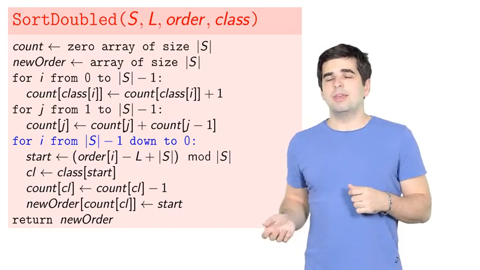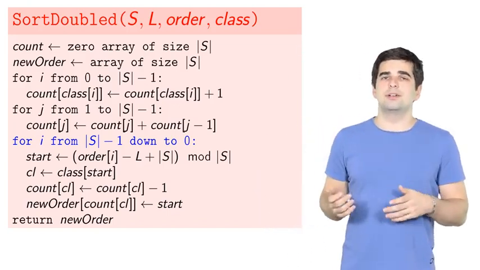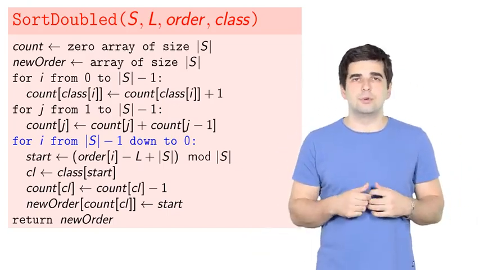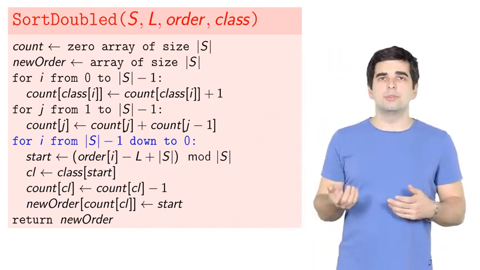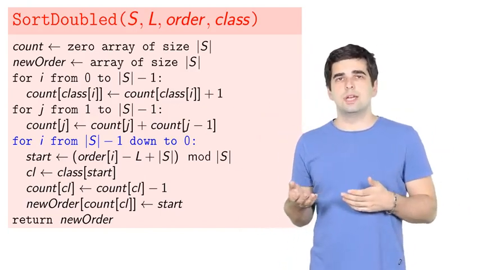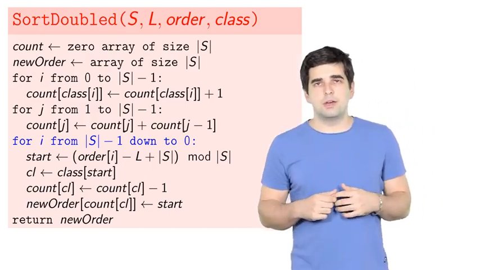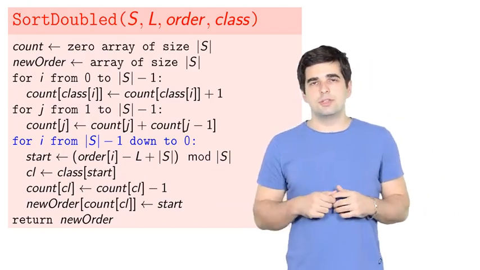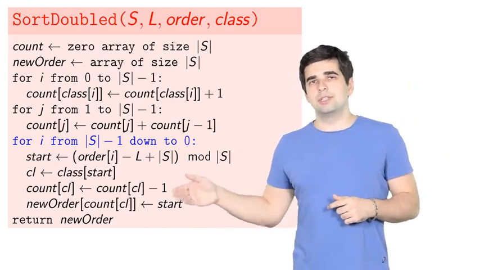Also we have the array with equivalence classes, so we can determine whether two cyclic shifts of length L are really equal or different by comparing their equivalence classes. So basically we can compare two cyclic shifts of length L in constant time, and that is why we can sort the doubled cyclic shifts faster.